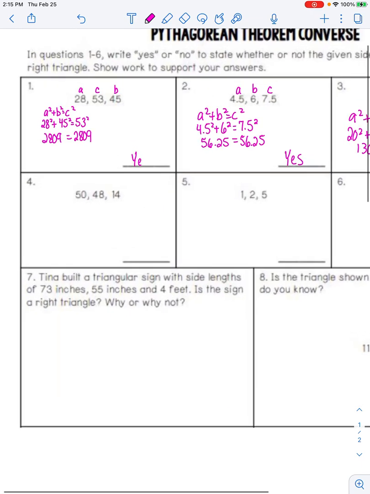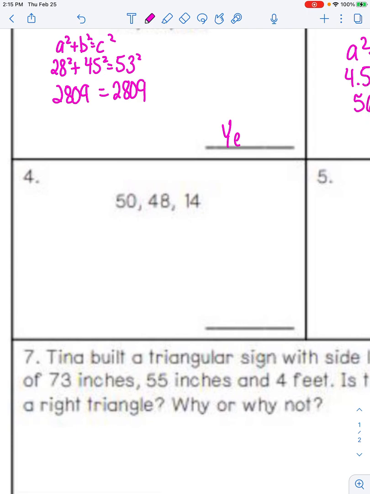All right, let's take a look at number 4. On 4, I have 50, 48, and 14. Let's see if they could form a right triangle. My largest number, 50, will be C, and I'm going to make the other two A and B. Write your formula, A squared plus B squared equals C squared. We said A is 48 squared plus B, which is 14 squared, equals C, which we said was 50 squared.